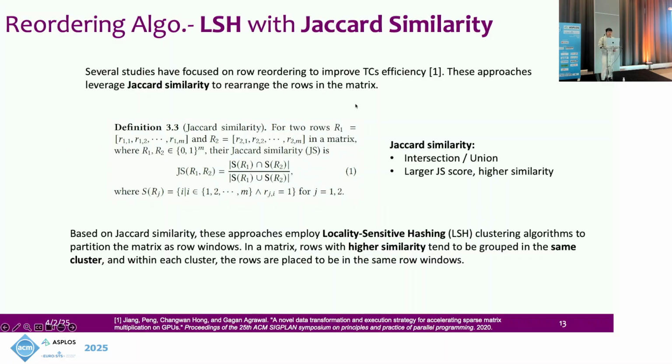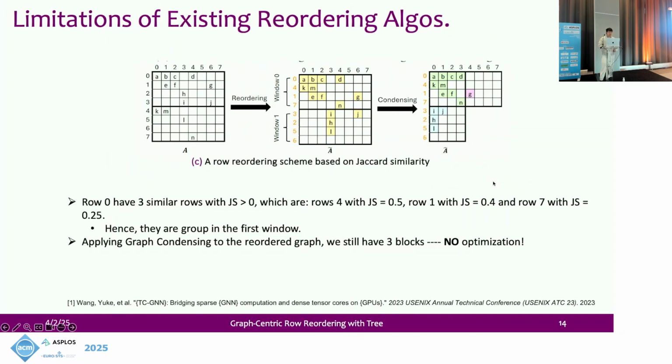In general, those approaches use Jaccard similarity to rearrange rows in the matrix. Jaccard similarity is essentially the intersection of two vectors divided by the union of the vectors. And the larger the Jaccard similarity, the higher the similarity between the two rows.